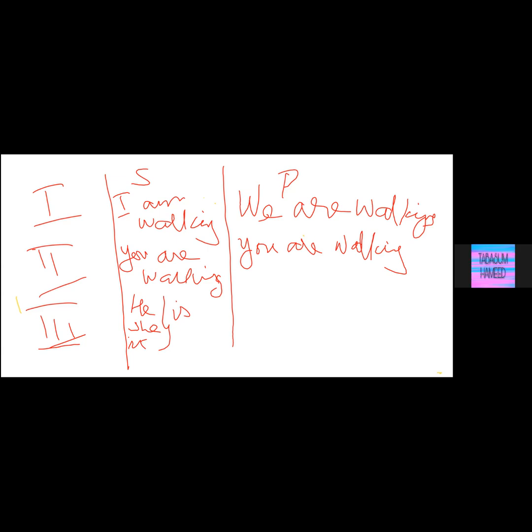Only in simple present tense do we use verb plus s. Here it is only the singular verb. So he is walking, she is walking, it is walking. And then they are. They is the plural form, so it is they are walking.